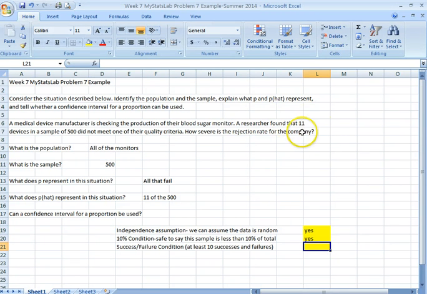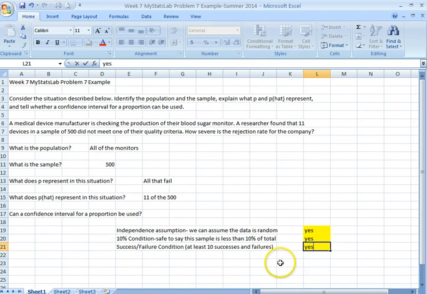Successes being that they did not make the criteria, we had 11 successes, and we also have to have at least 10 failures. If 11 were successes out of 500, that leaves us 489 for that one, which is also at least 10, so we can say yes there.